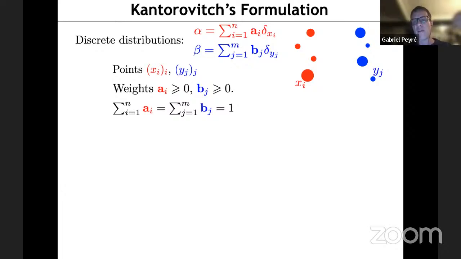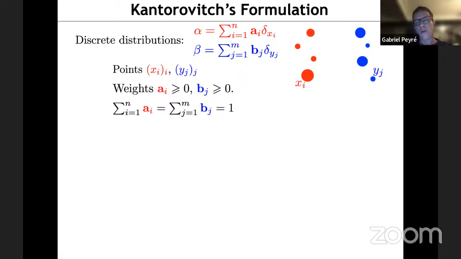So I would write everything using discrete notation, but everything of course extends to arbitrary distributions. I would not really explain this, but you just replace the sums by integrals, and instead of dealing with discrete points, you can deal with arbitrary measures.